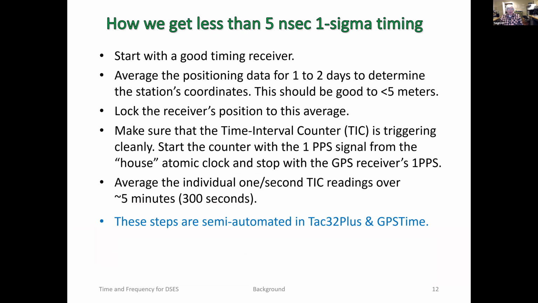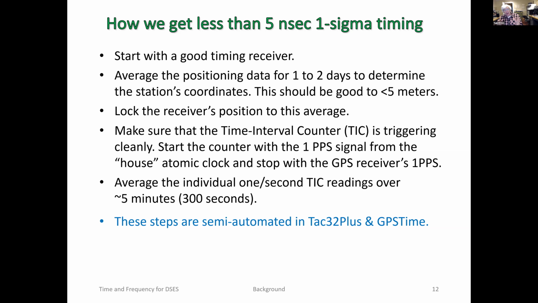And this just goes through the process of, in order to get good time from GPS, the GPS receiver must be stationary and the location of the receiver must be surveyed to within a few meters, which is not a super good survey, but it has to be surveyed at least that good.